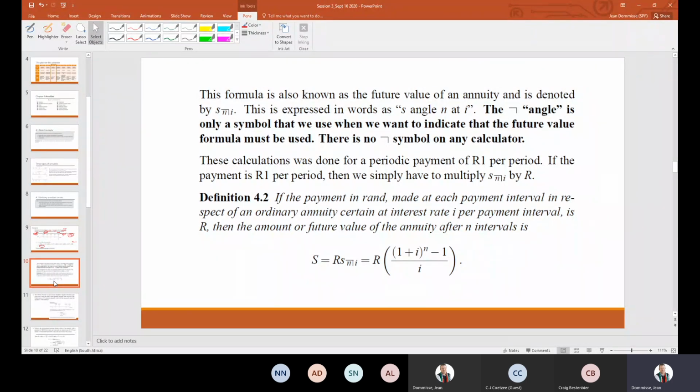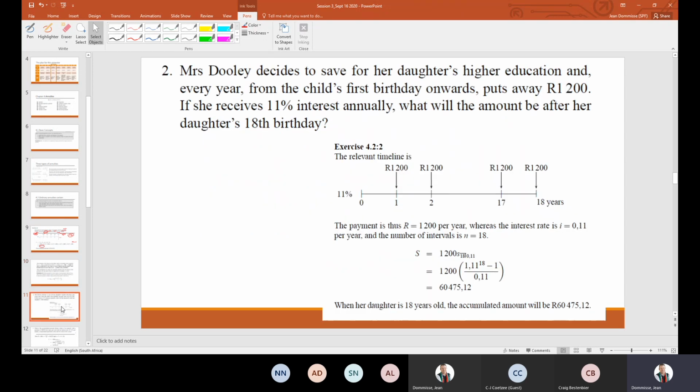I will give you all the formulas on a list and tell you what they are needed for. But if you can use a calculator, please. For me, it is quite an intensive process if you need to use this formula to get to the same answer. You will get to the same answer, but I just don't like going through that whole process.